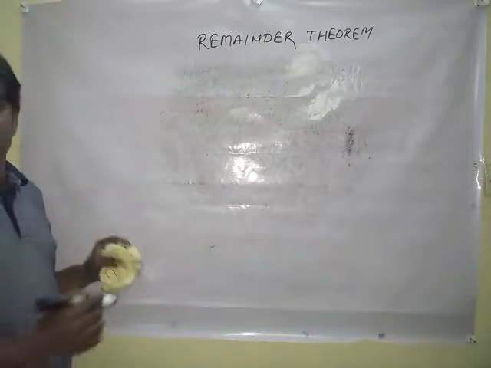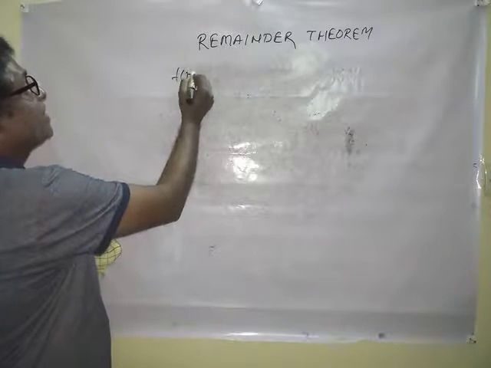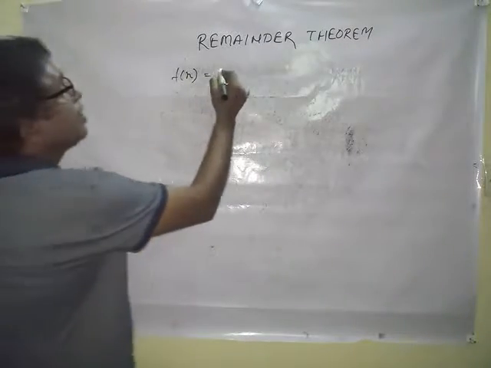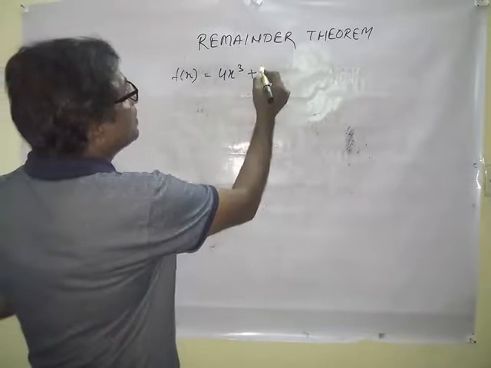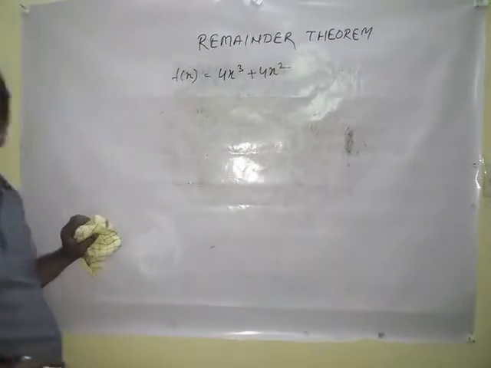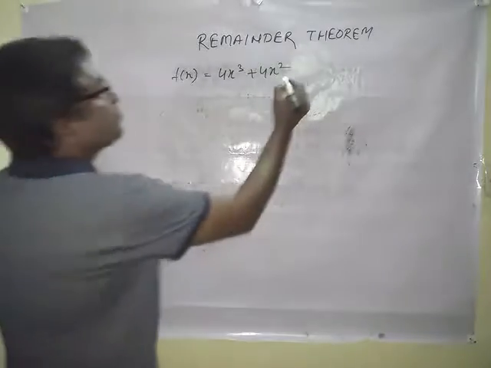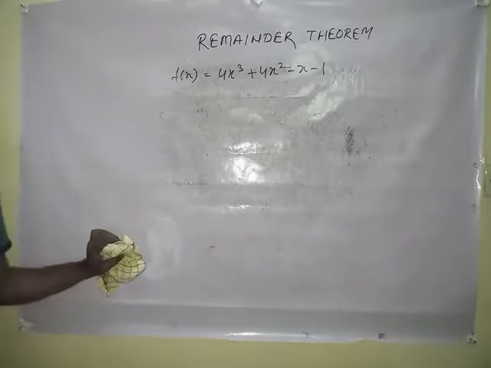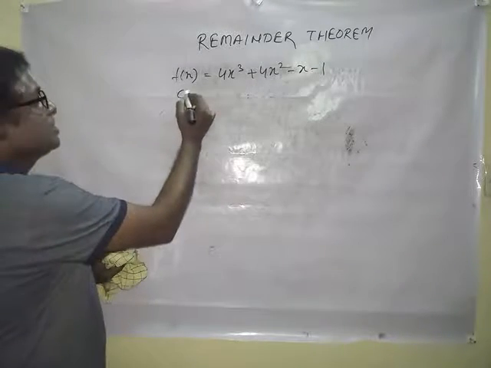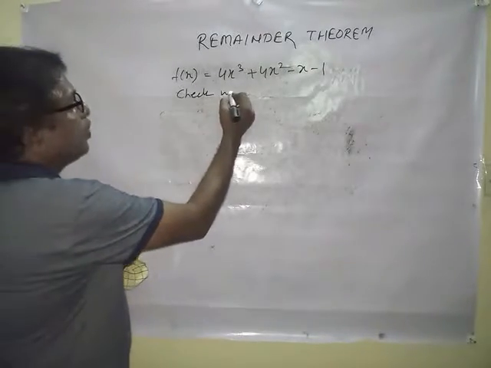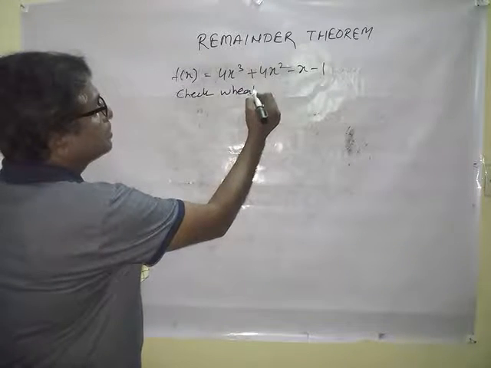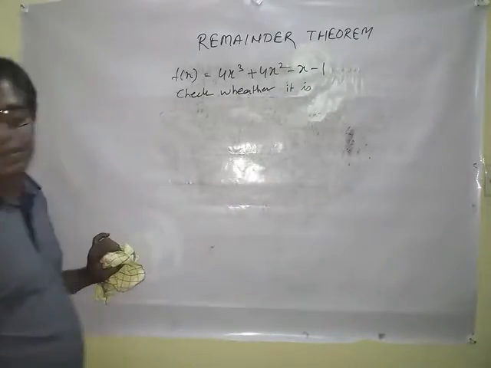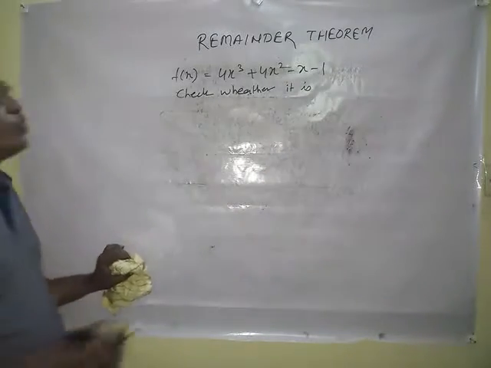Now the question is given like f(x) is equal to 4x cube plus 4x square minus x minus 1, and it is being asked to check whether it is a multiple of 2x plus 1.